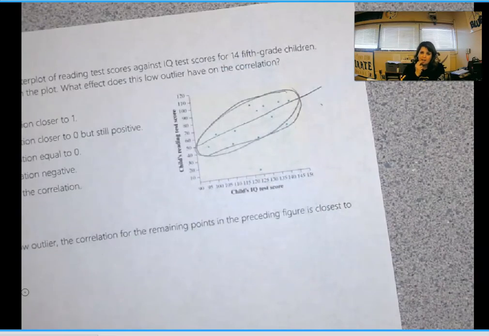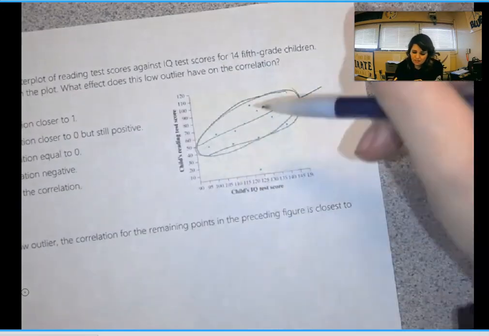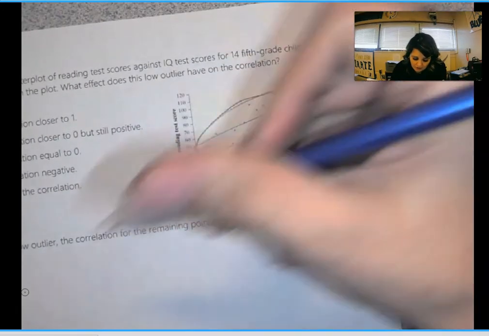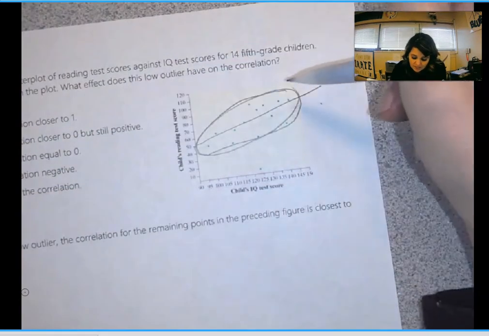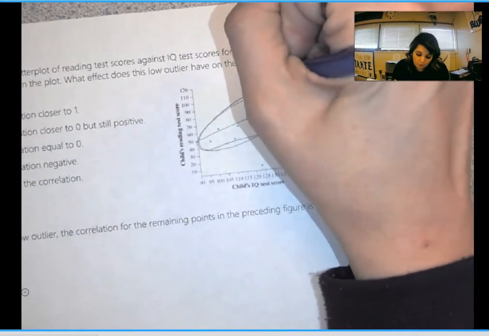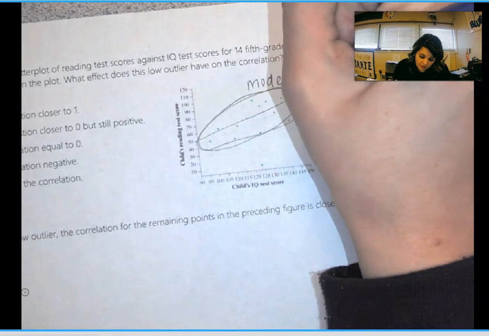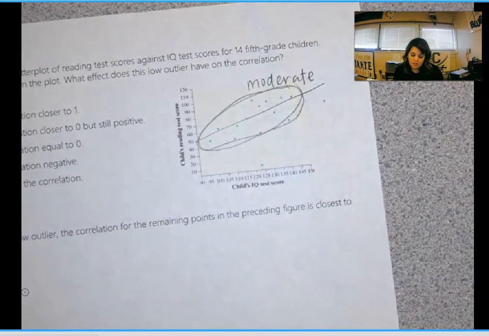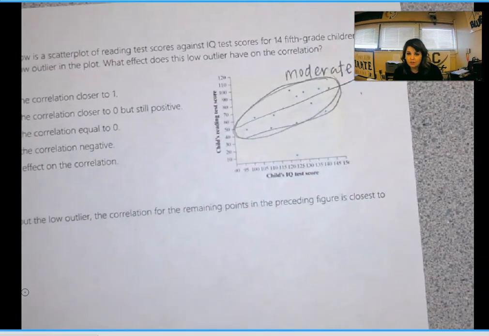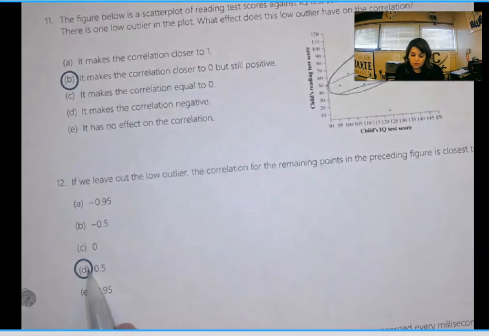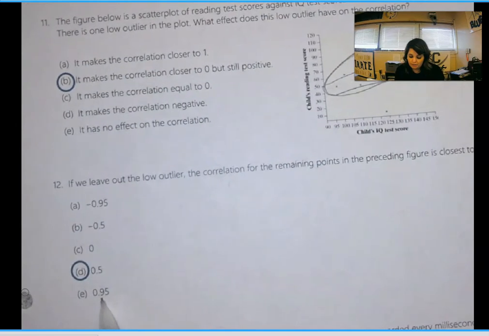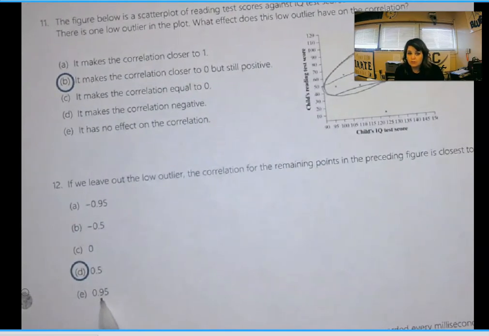0.95 is very close to a line. So I chose this, even though this oval is moderate. This oval would definitely be categorized as moderate. I chose the lower one because I don't think that is close to 0.95, was my reasoning.